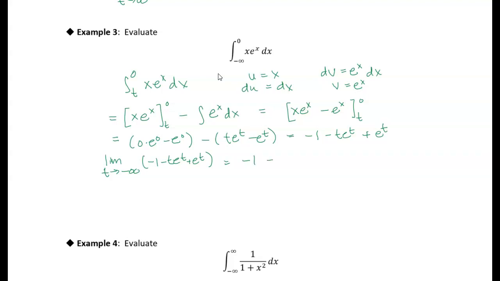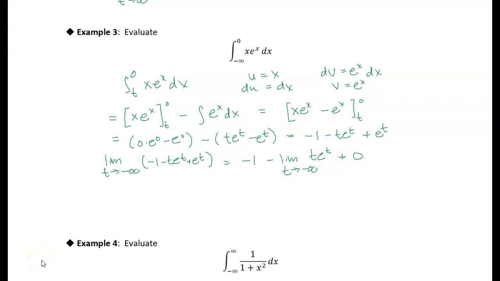But this is the problem here: the limit as t goes to minus infinity of t e to the t. That's the one we're going to have a little trouble with. But as t goes to minus infinity, e to the t goes to 0. So we just need to figure out what this middle term is.